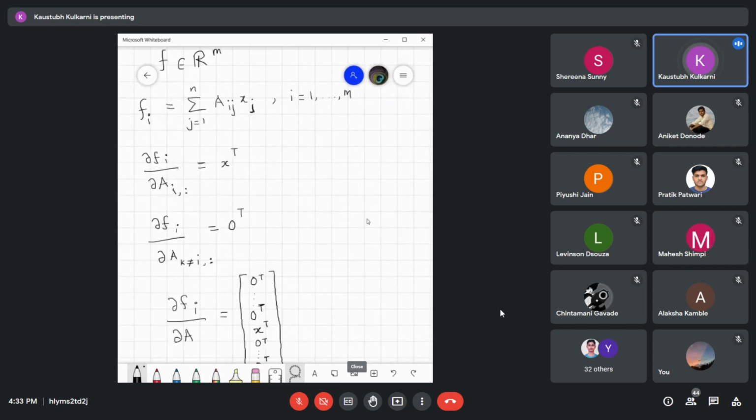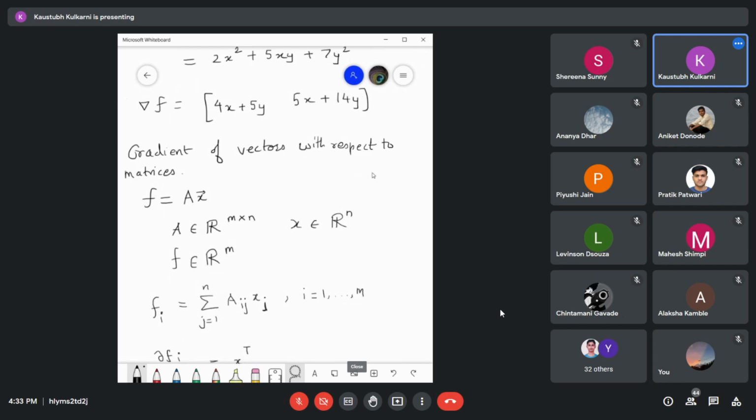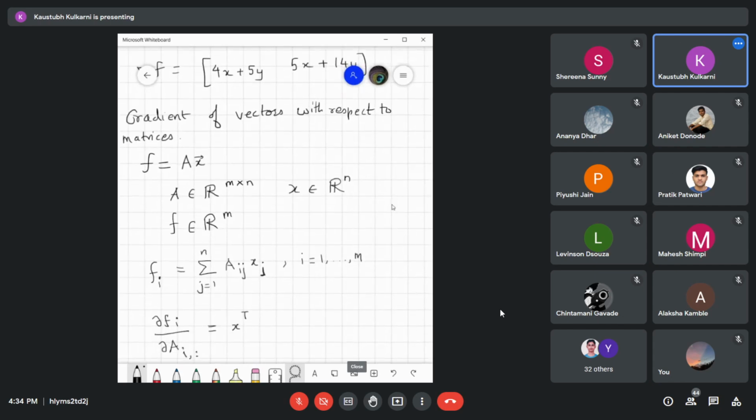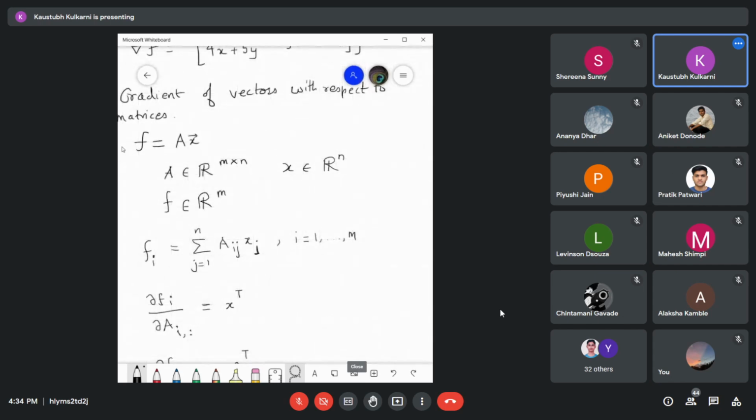I'll just revise these steps once again, how we derived this. First we had f is equal to a matrix A multiplied by vector x bar. Dimensions of A are m cross n. Dimensions of the vector are n cross 1.